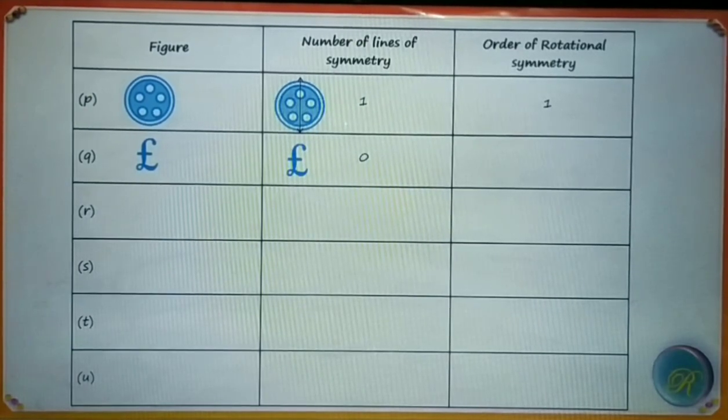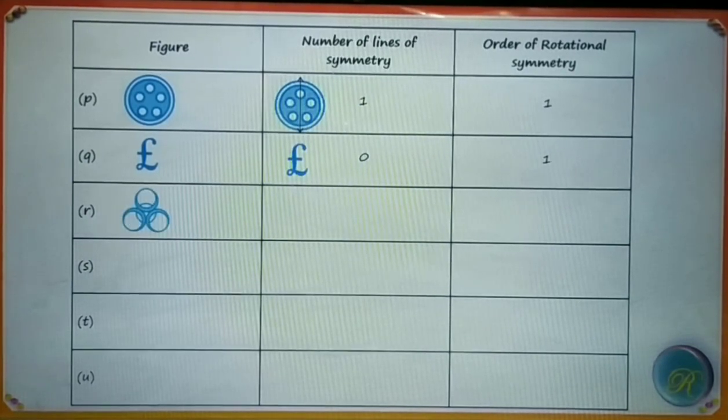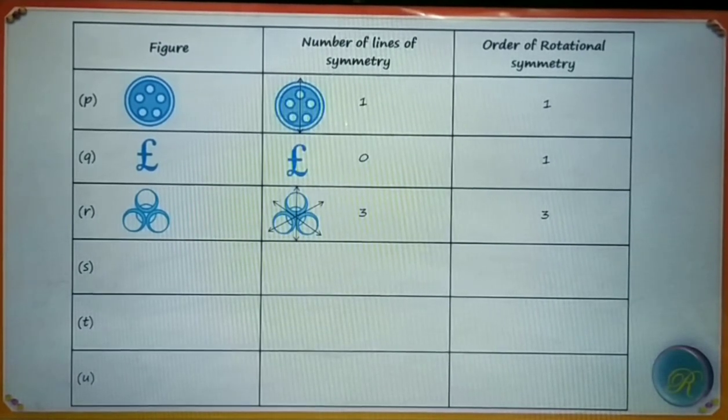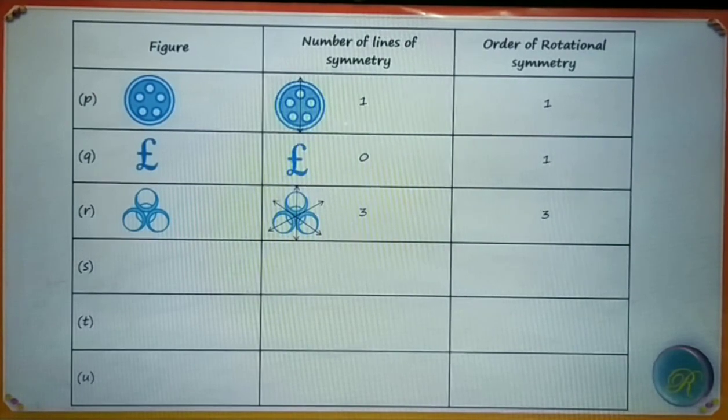Order of rotational symmetry 1. Figure R. Number of lines of symmetry 3. Order of rotational symmetry 3, because angle of rotation is 120 degree.